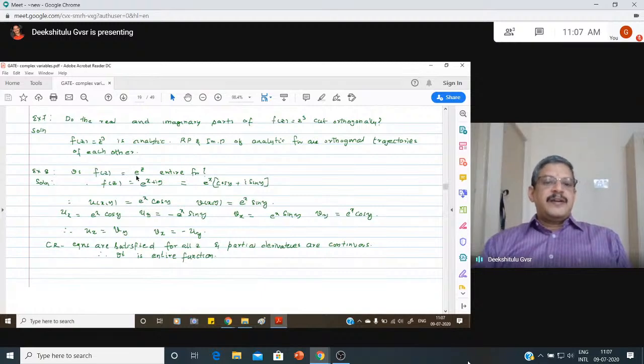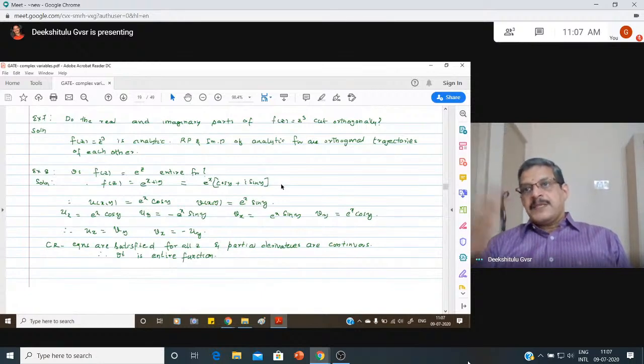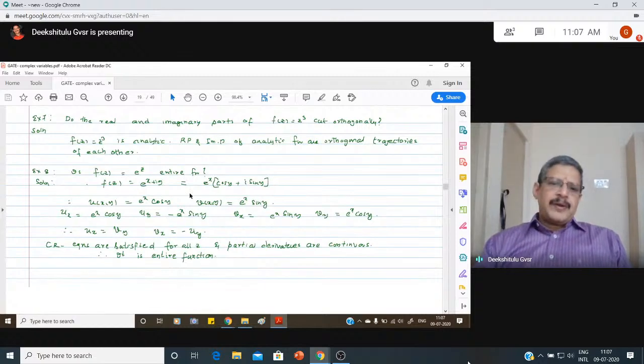Is f of z is equal to e power z an entire function? Entire function means it must be analytic throughout the z plane. Everywhere, take any point, it must be analytic there. So f of z is equal to e power x plus iy, because z is x plus iy, or e power x into cos y plus i sin y.